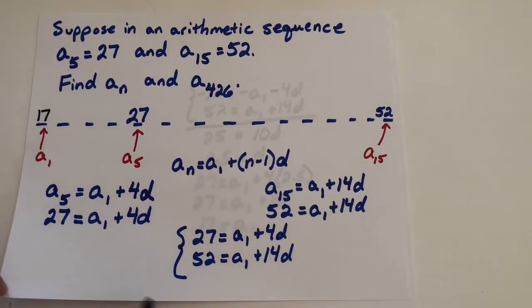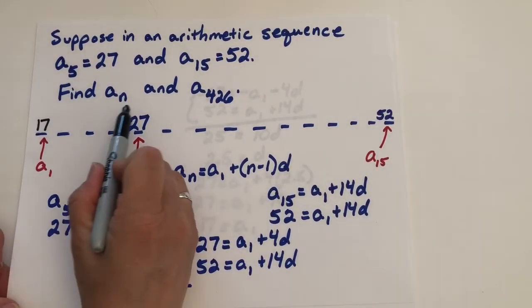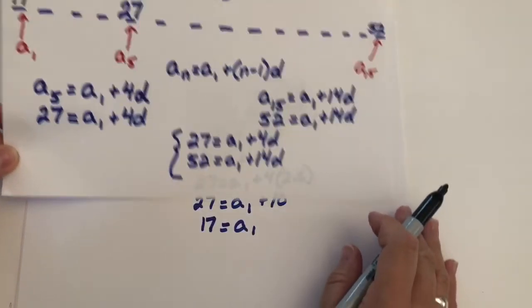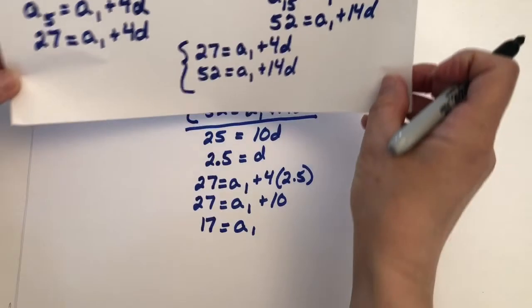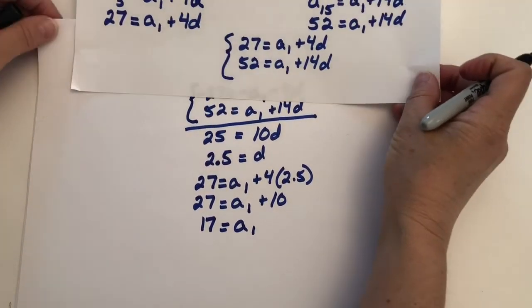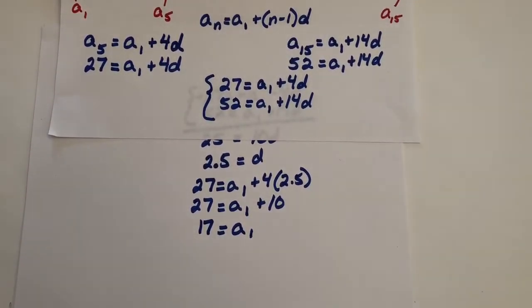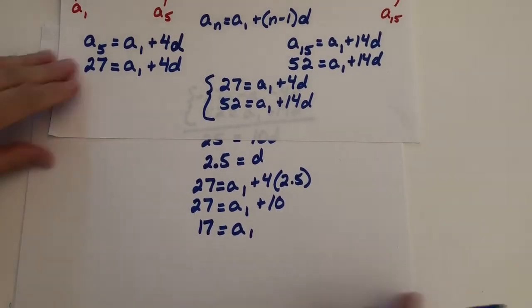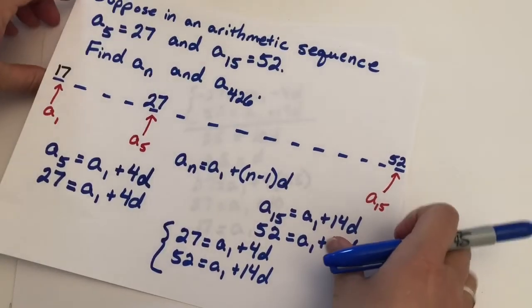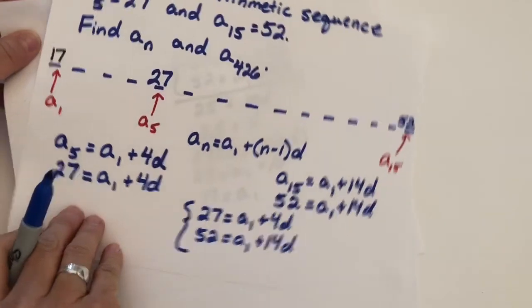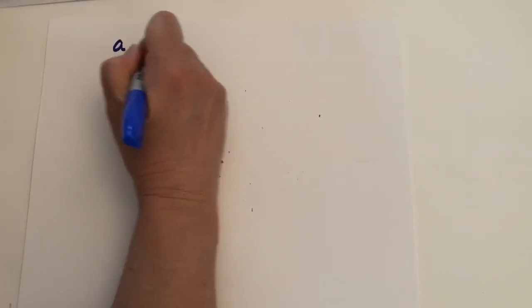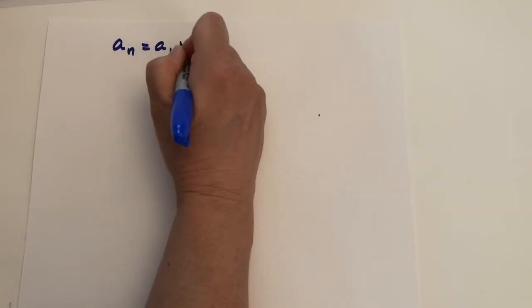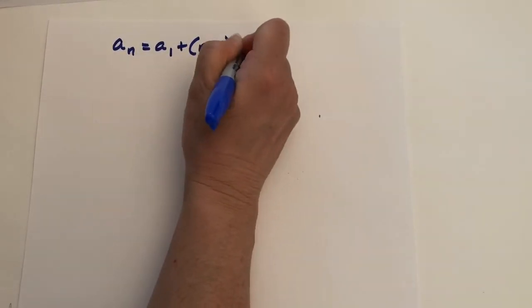What was the question? Find a sub n and a sub 426. So let's do that. What's the information that we need to find that formula? Let's write out our formula. We have a sub n equals a sub 1 plus n minus 1 times d.